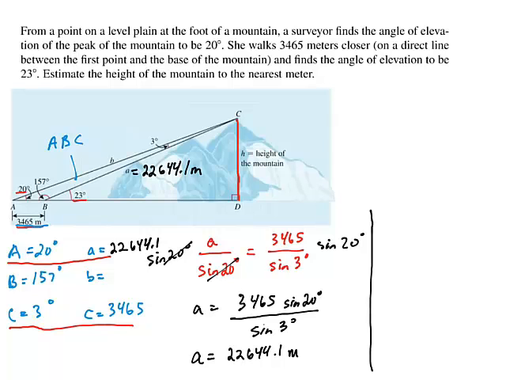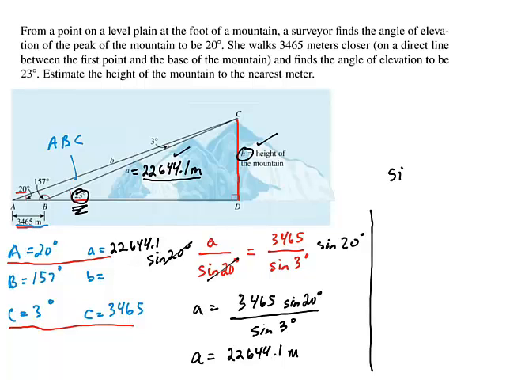Okay, now we have a right triangle, and I have this angle down here. We're looking for the height, and we know the hypotenuse. So what ratio takes this into account? From this angle, we have an opposite side and the hypotenuse. So that's going to be the sine ratio.